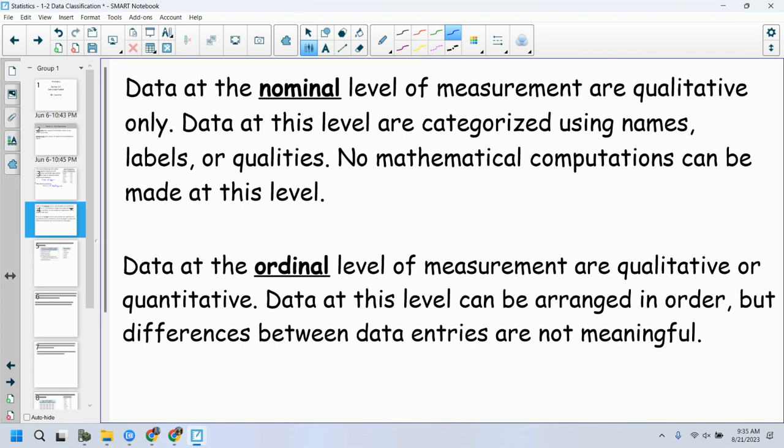If you're not ranking them or anything like that, if your data is just a collection of things, then that would be considered nominal. Data at this level is just categorized using names, labels, or qualities. No mathematical computations could be done at this level.